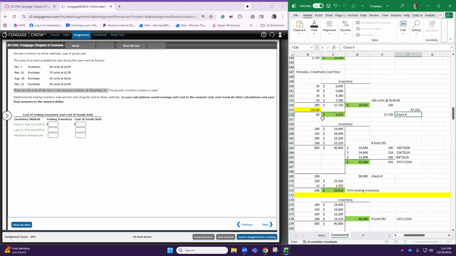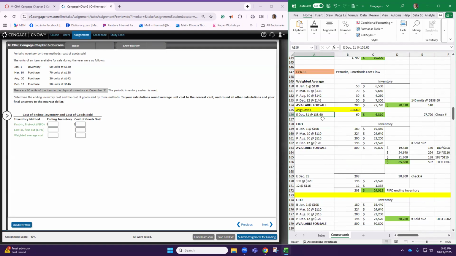That ensures that you've got something that seems to make sense. Now, we want ending inventory, which is right here. That's the 60 units at a cost of 138.60. Okay, so I've got to put that in 138.60. So 83.16. Yeah, 83.16.